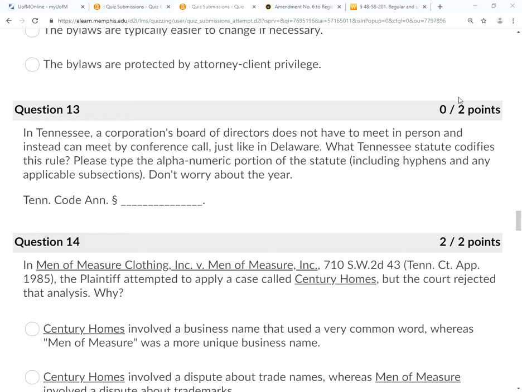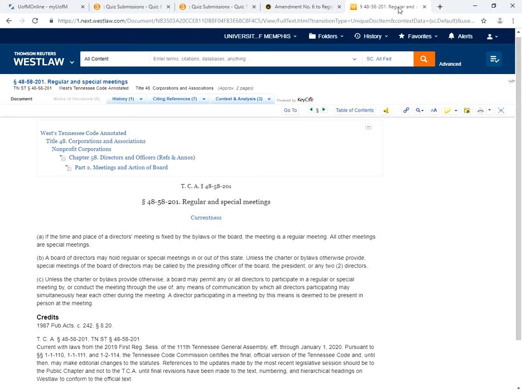I actually looked this up, and it is covered under TCA 48-58-201 subsection C, where it says, unless a charter or bylaws provide otherwise, a board may permit any or all directors to participate in a regular or special meeting by or conduct the meeting through the use of any means of communication by which all directors participating may simultaneously hear each other during the meeting.